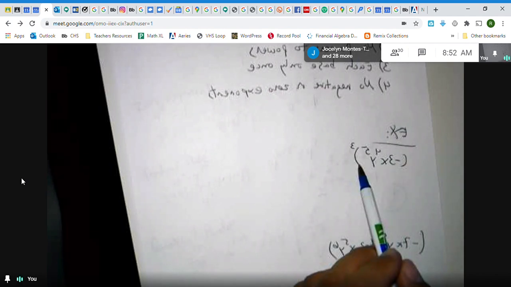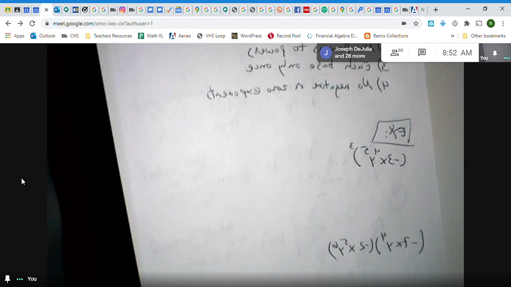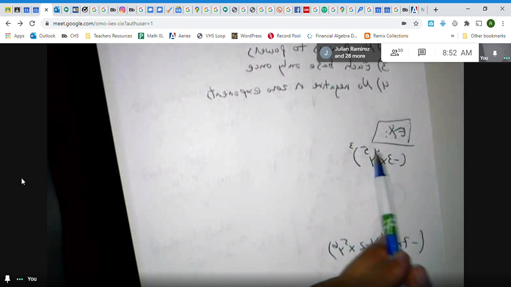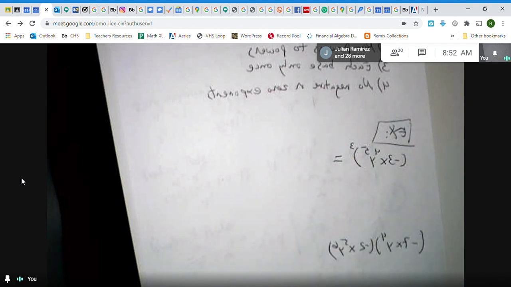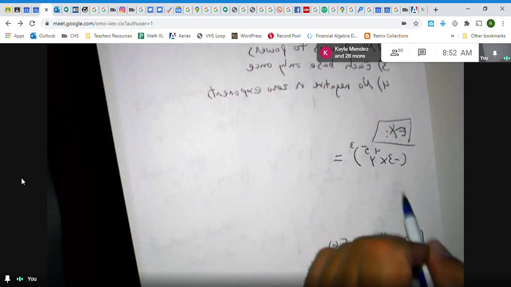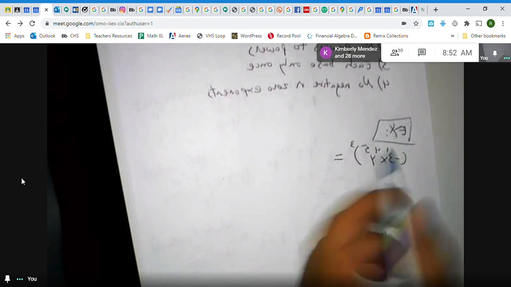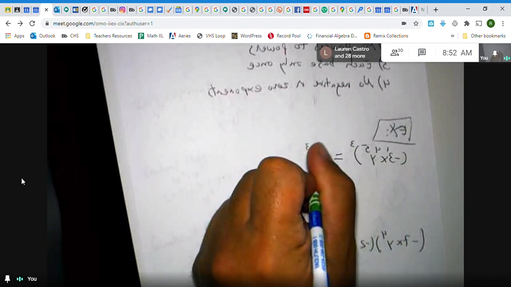Here's my first example. Let me put a box around this so you don't think it's a fraction. Okay, parentheses, expression to the 3rd power. I have to distribute this 3 to each item here. Watch what I do right here. Be careful. Negative 3 has an exponent. That exponent is 1. We're going to do negative 3 to the third power, and you need to put that in parentheses.